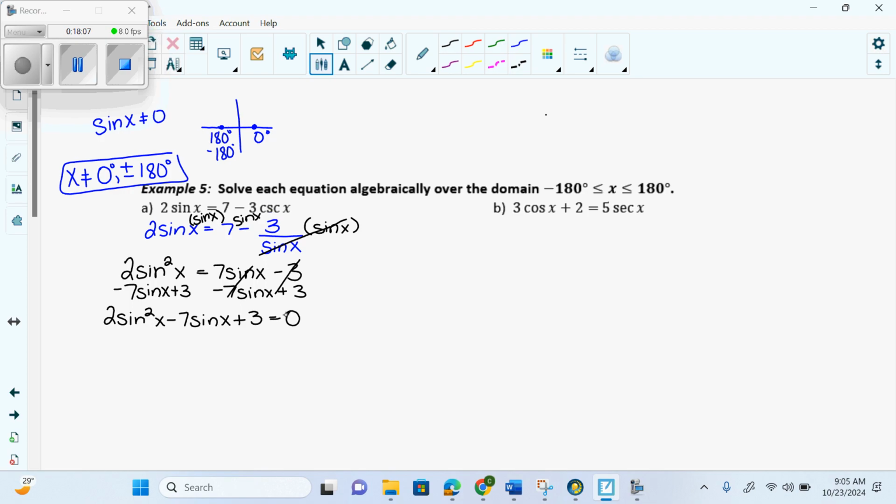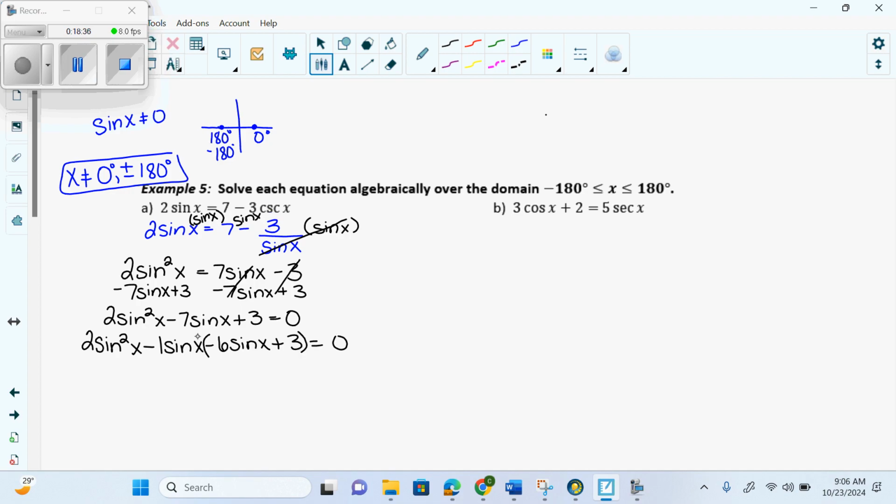And then I can keep it as sines, or I can change it to variables. It doesn't matter, right? Whatever you like better. I'm going to keep it as a sine for this one just to show. So 2 sine squared x, what multiplies to give me 6 and adds to give me negative 7? Negative 6 and negative 1, yeah. So negative 1 sine x minus 6 sine x plus 3 equals 0.